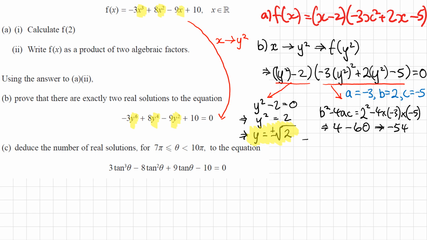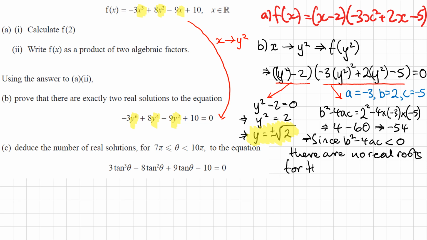So we can say that since the discriminant b squared minus 4ac is less than 0, and we've just shown it above, there are no real roots for the second factor or second bracket.